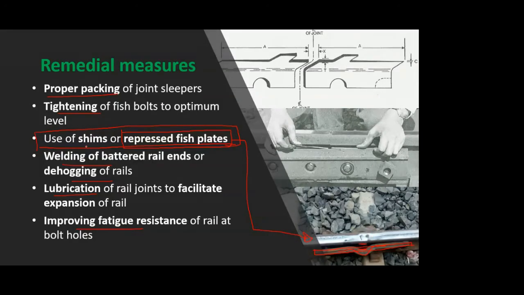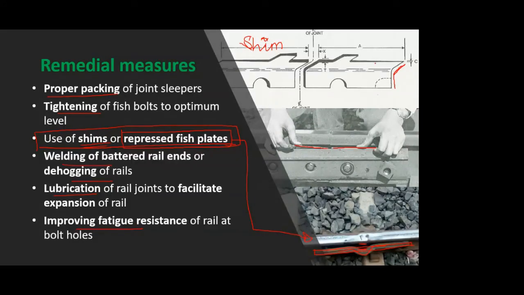And another thing is shims. You can see here a typical design picture of a shim. Shims are flat plates, L type of flat plates, which are inserted between the fish plate and the rail joints. As you can see here, the plate this person is inserting is the shim plate.